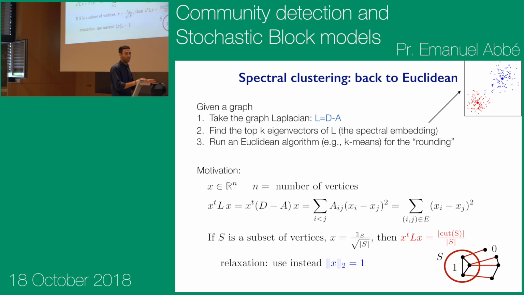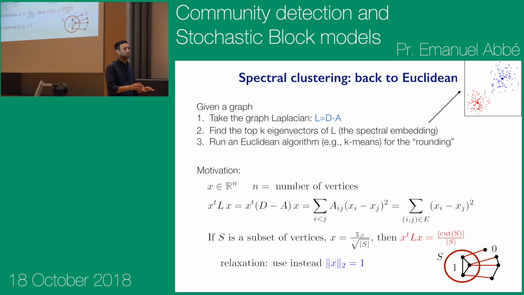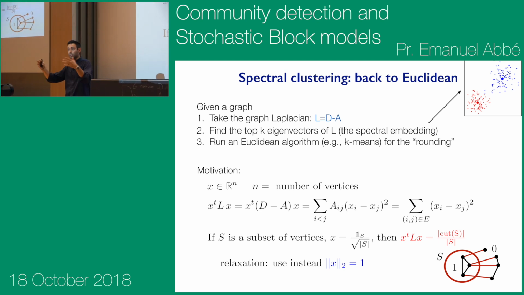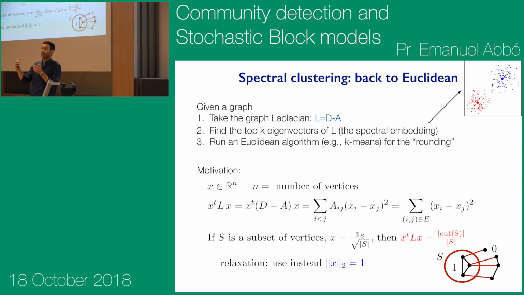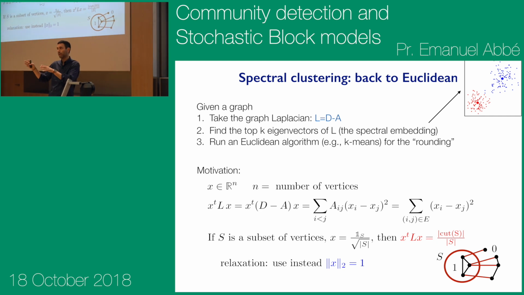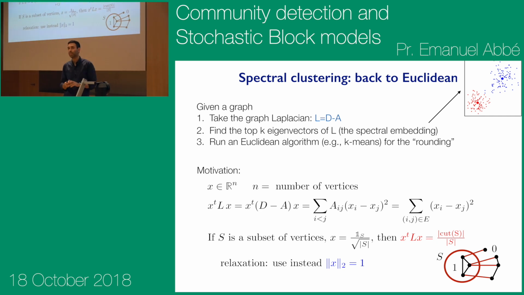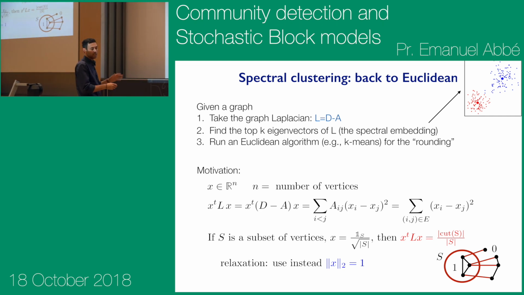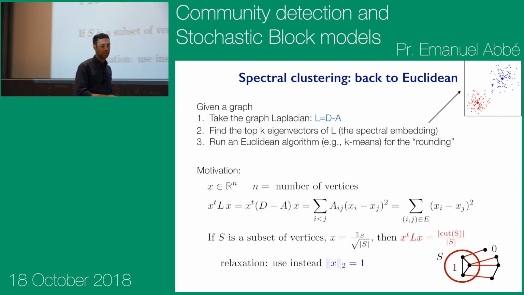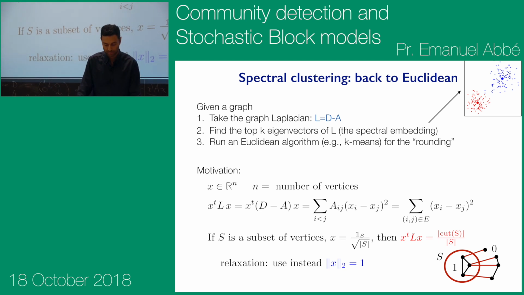So that's how you go from a problem in an abstract graph where there's no geometry, no Euclidean setup, with a Laplacian and this eigenvalue decomposition and picking up the top eigenvectors, a bit like we had in all the first examples, to end up again in a problem where you go with k-means and algorithms like this. This is one of the most widespread algorithms for clustering. It works well in some cases, but not always.